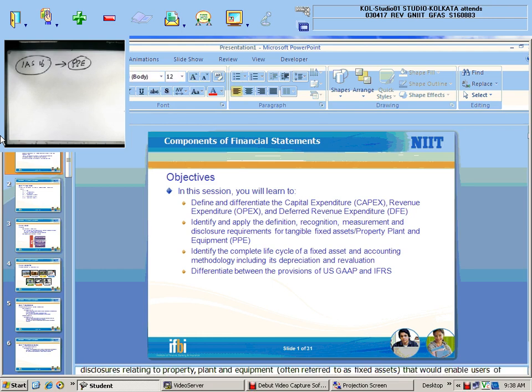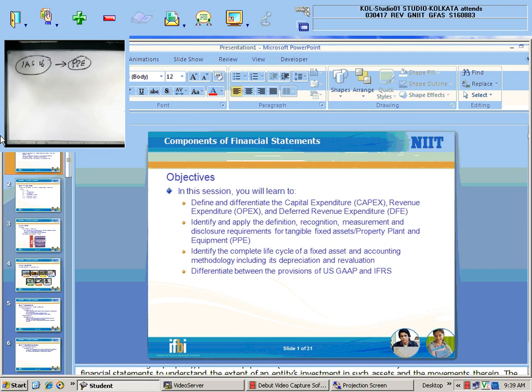The principal issues involved relate to recognition of items of property, plant and equipment, that is, recognizing an asset under that category; determining their cost, both initial cost and subsequent cost, initial measurement and subsequent measurement; and assessing the depreciation and impairment losses which should be recognized. So these are the principal issues we will be discussing under IAS 16.